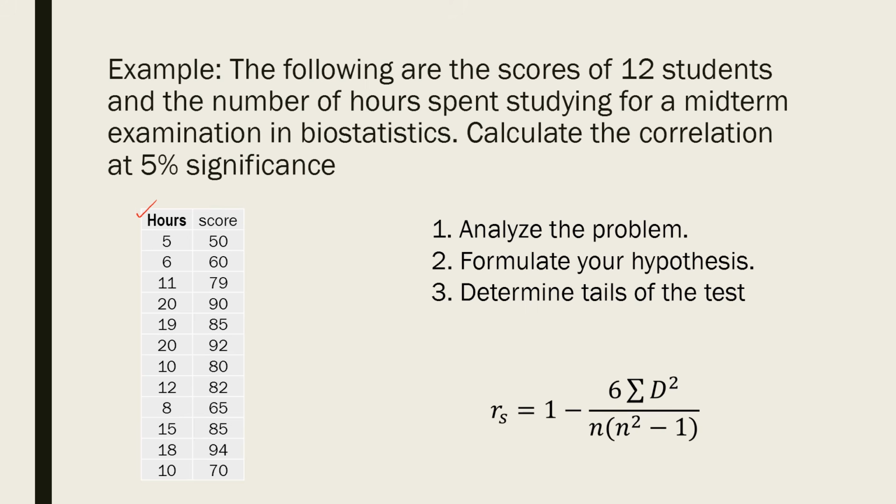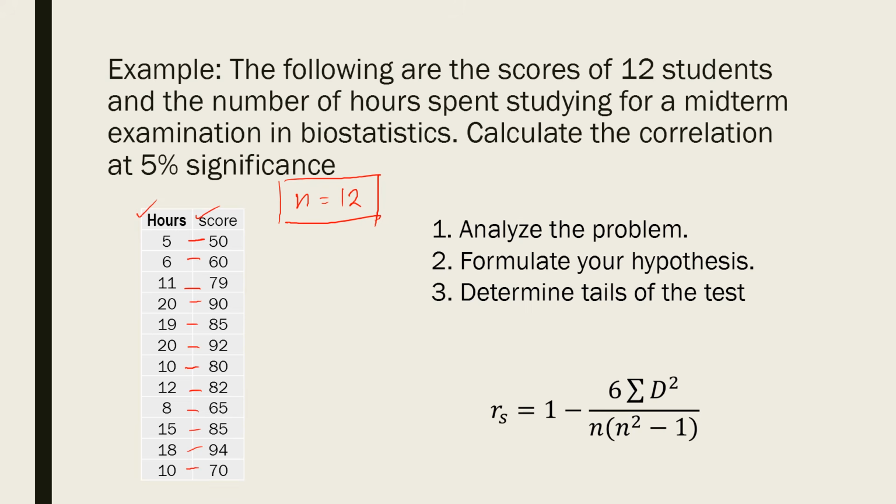Now, here we have hours and score. Analyzing the problem, you have 12 different students, so that would be an N of 12. Despite it having 24 separate observations, our sample size is only 12, since, again, these are paired observations. Okay? Isang student lang po ang kada row natin.